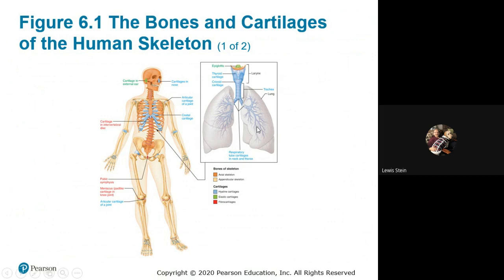Those are all hyaline cartilage. We have a limited amount of cartilage in the ear, which is elastic, and the epiglottis that covers you when you swallow, so food doesn't go into your windpipe, so to speak, and everything else is. And then the fibrous cartilage is the discs, which I'll show you when we get to the intervertebral discs, and in the knee, etc.